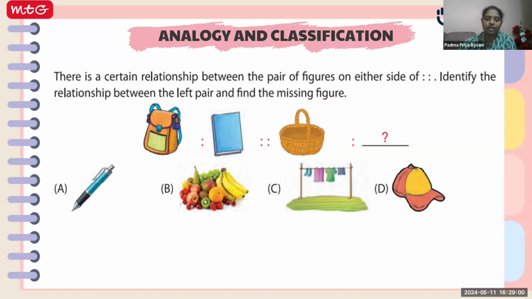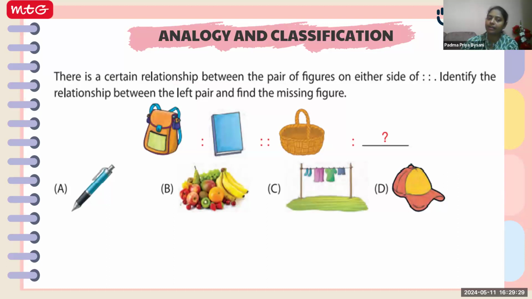Here you can observe there is a relation between a bag and a book. Now simultaneously you need to make a relation of some object with the basket. Which of these objects can relate to the basket? It's not even general knowledge, it's a general thing that we observe right from childhood before we step into school.